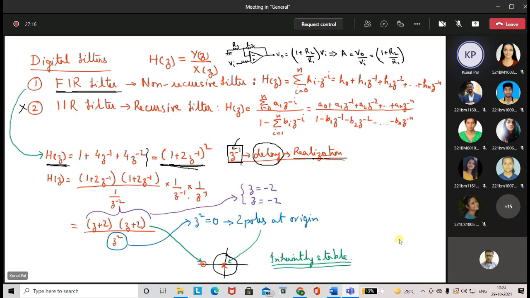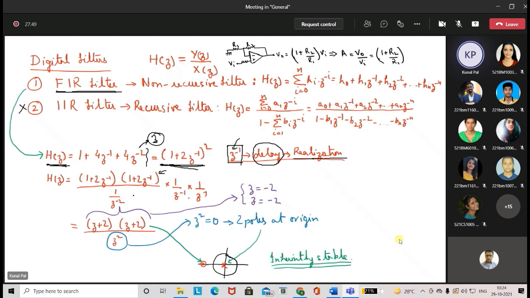But if I have to find the location of the poles and the zeros, what should I do? I should convert this equation in terms of z instead of z inverse. That's pretty simple. You multiply the numerator by 1 by z inverse multiplied by 1 by z inverse, and also divide the denominator by 1 by z to the power minus 2.